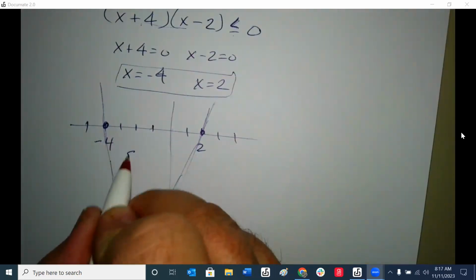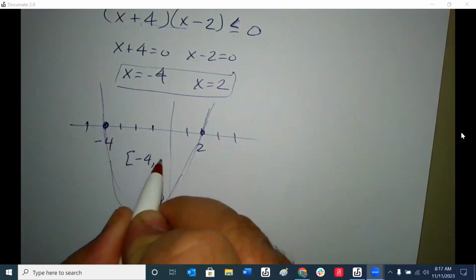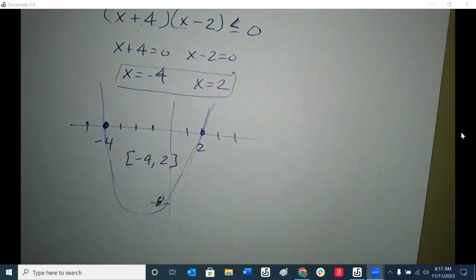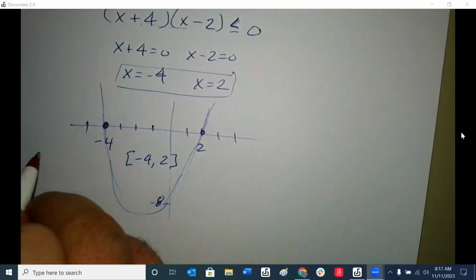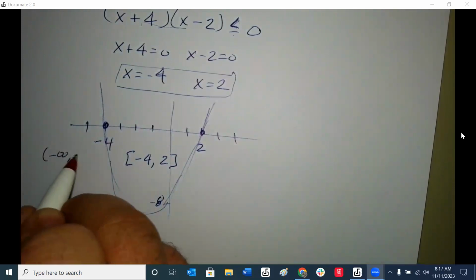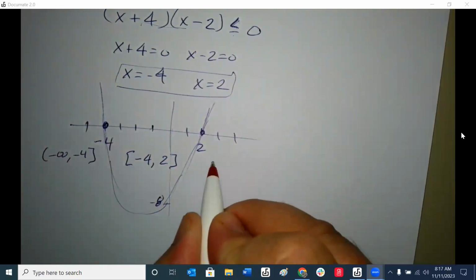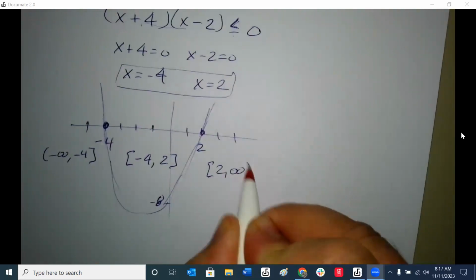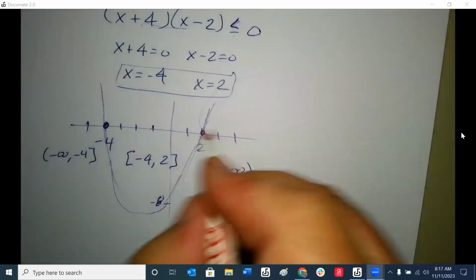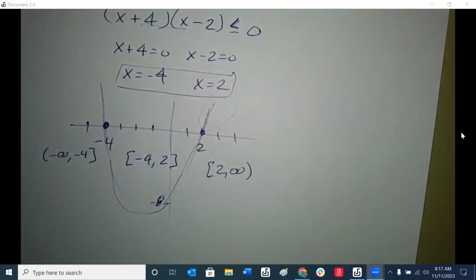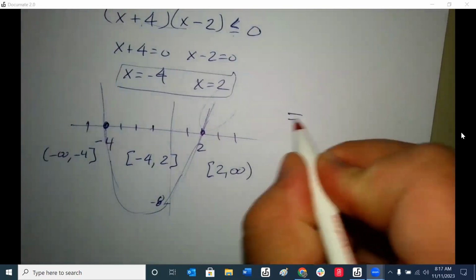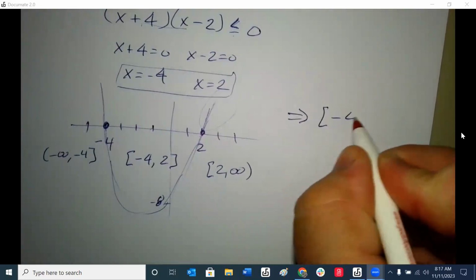So I know my answer is going to be in this interval, because in this interval and this interval, the graph is above the x-axis.